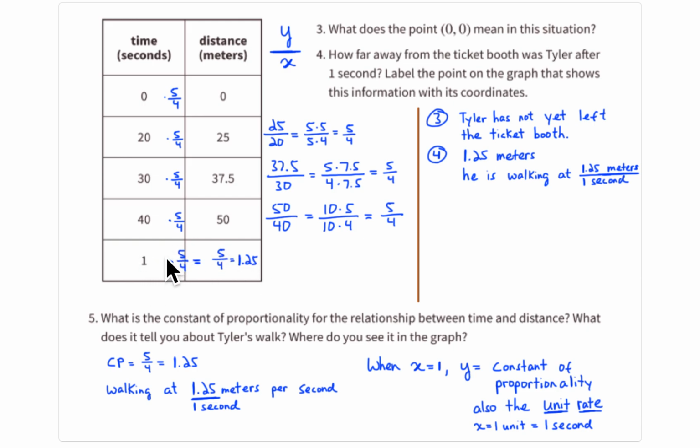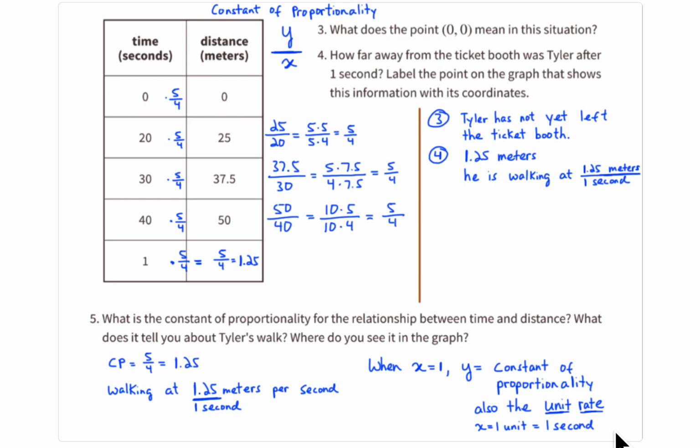So that's called the unit rate. What's happened in 1 unit, in this case what's happened in 1 second. And it's also called the constant of proportionality. It's the constant factor. You're multiplying every x value by the same factor, and that's that constant of proportionality.